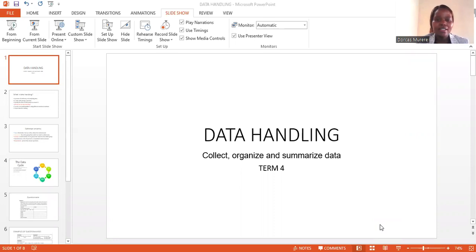So data handling involves collecting, organizing, and summarizing data. So from the word data handling, what is data handling? Data handling is a process of collecting data and analyzing the data. Whenever you collect data, usually you want to solve a real world problem, so it starts with posing a question.